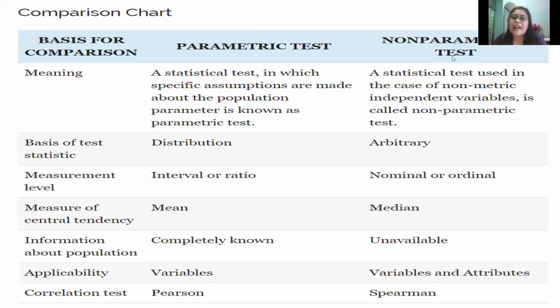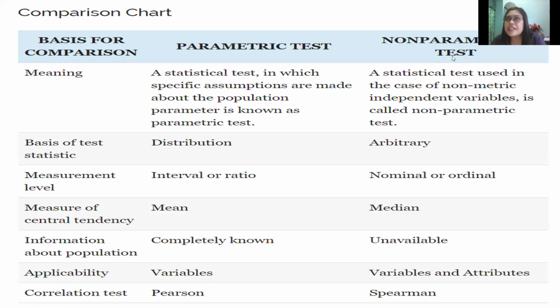So before we discuss the different tests, let us first talk about the difference between parametric and non-parametric tests. We already talked about normal distribution, and I mentioned to you that if your data is normally distributed, then you will use a parametric test.